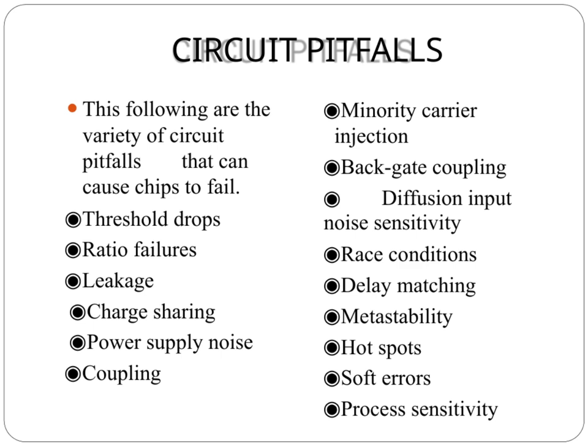Metastability is a state of uncertainty that can corrupt data, while hotspots refer to localized overheating that threaten circuit integrity. Soft errors caused by environmental factors like radiation can flip bits and disrupt functionality. Lastly, process sensitivity highlights the variations in manufacturing that impact circuit performance. Being aware of these pitfalls is essential for robust chip design.